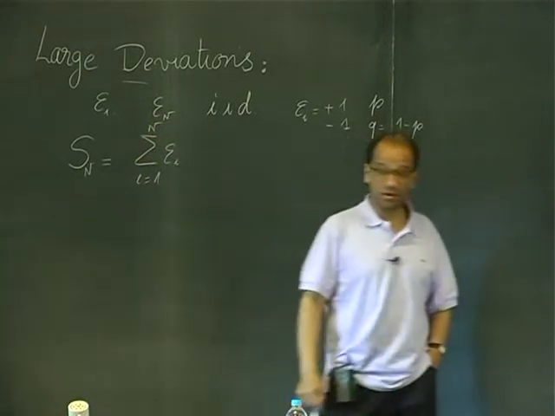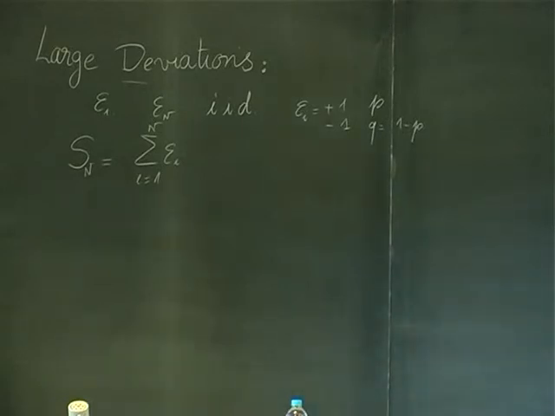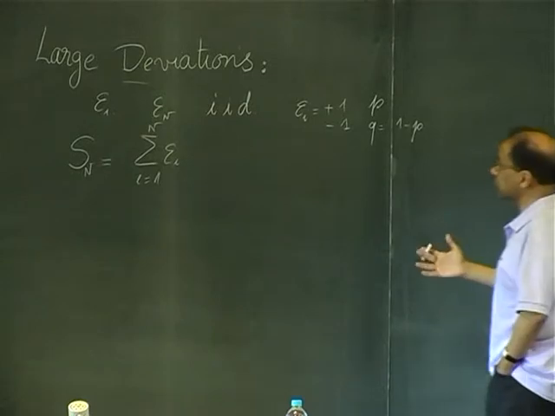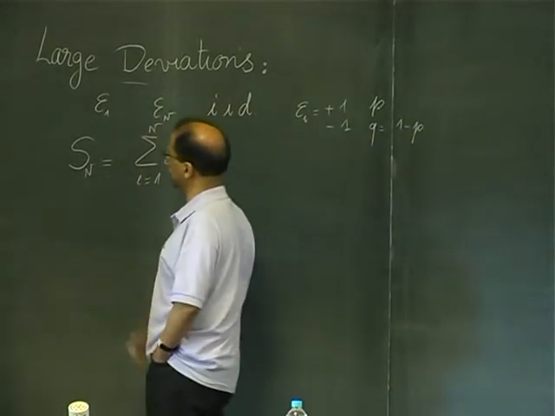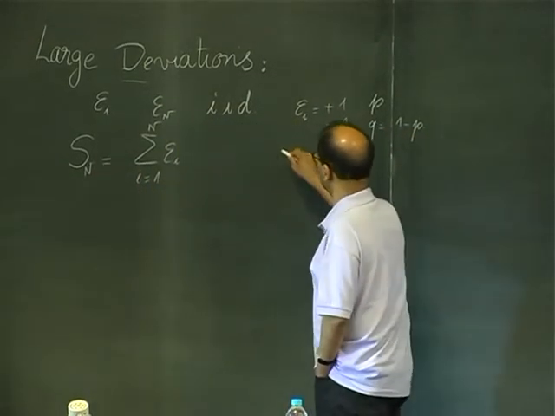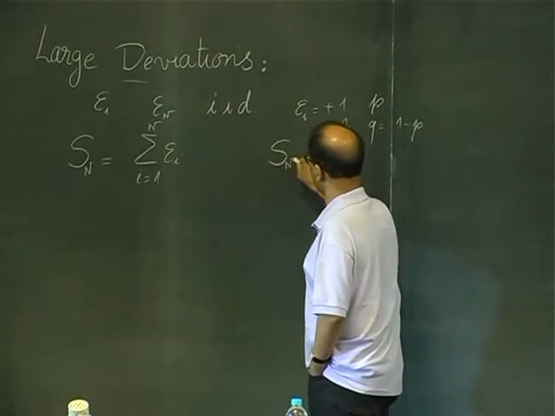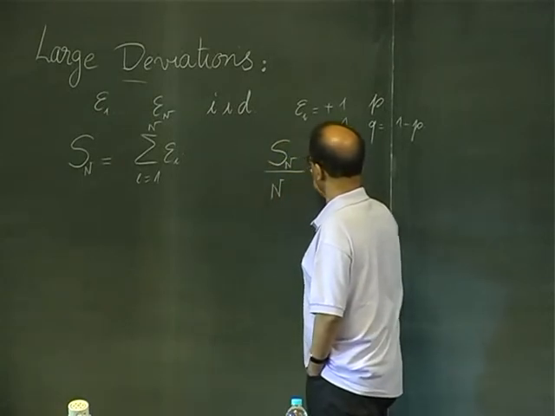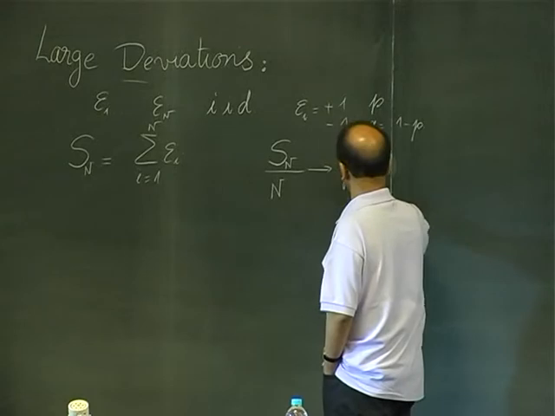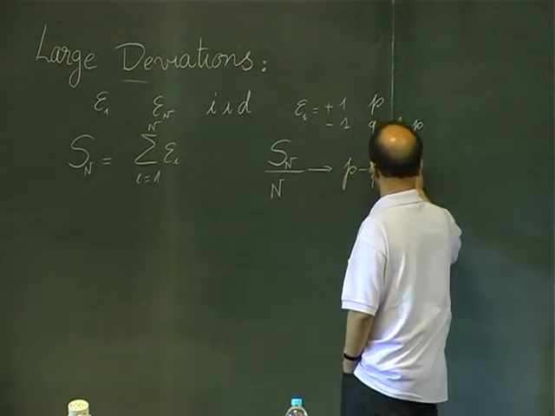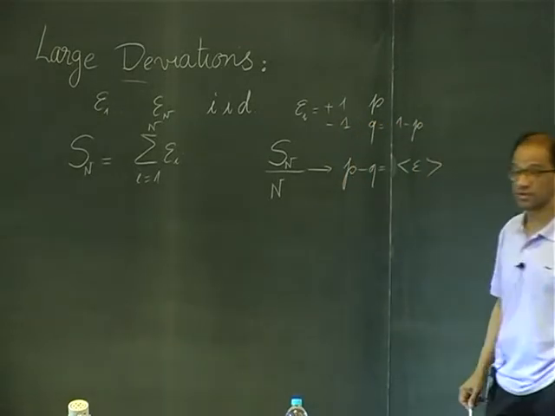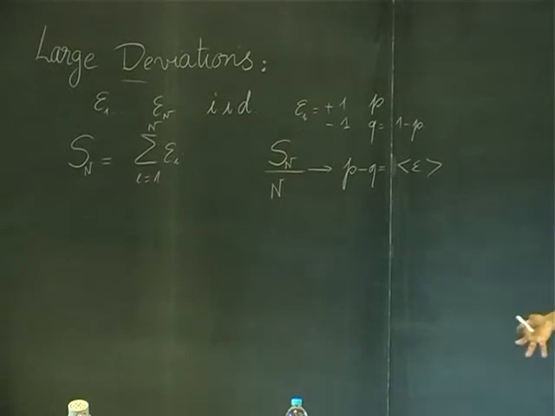This is a random variable which takes value between -n and +n. And we can say quite a few things about that. But one main result is that if you average Sn, this will converge towards the average value of epsilon, any of the epsilons. This is simply the law of large numbers.